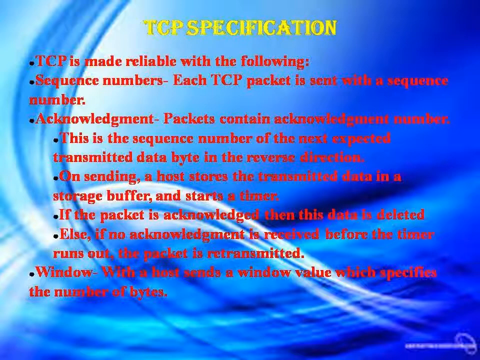On sending, a host stores the transmitted data in a storage buffer and starts a timer. If the packet is acknowledged, then this data is deleted. Else, if no acknowledgement is received before the timer runs out, the packet is retransmitted. Window. The host sends a window value which specifies the number of bytes.